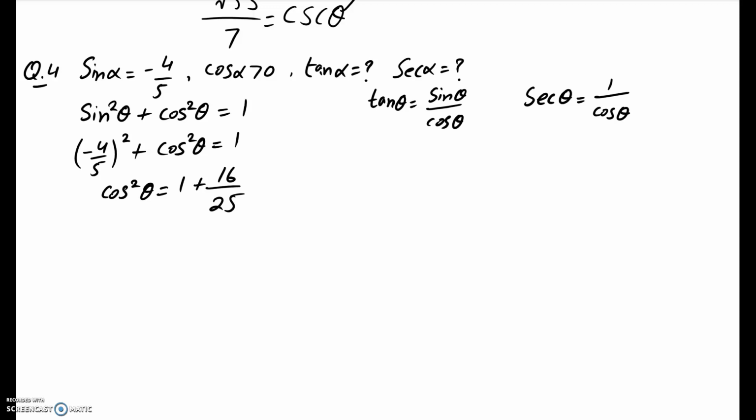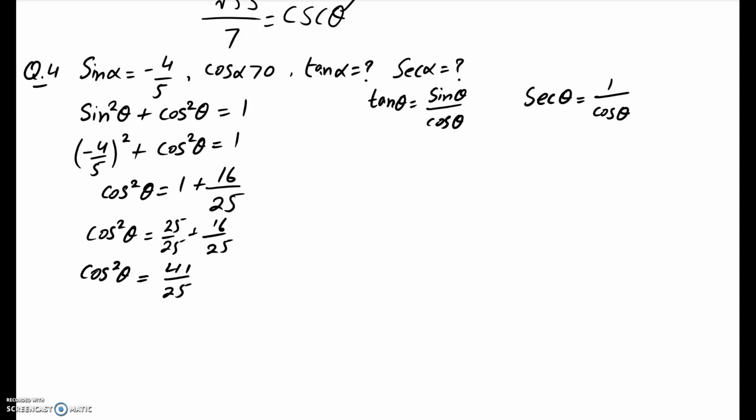Now add these fractions: 25 over 25 plus 16 over 25, and cos squared theta equals 41 over 25.